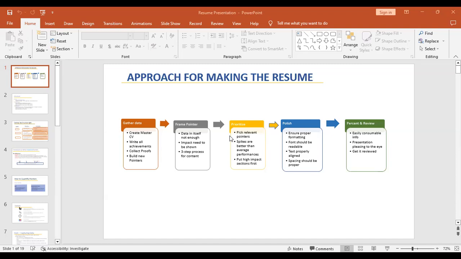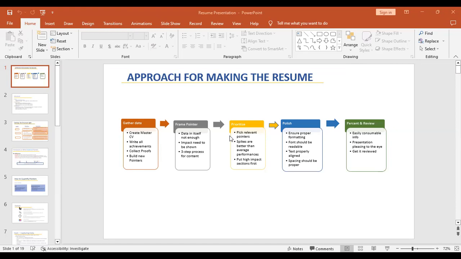Once you have that information in place, then you need to polish. Polish in the sense, maybe you have written in very simple English, then can we articulate it in a better manner? Maybe can I get some good words for a few of the words that I have used, which are very general in nature? So likewise, you need to polish. Then what kind of font I have used, what kind of alignment I have, those are the things which require your attention.